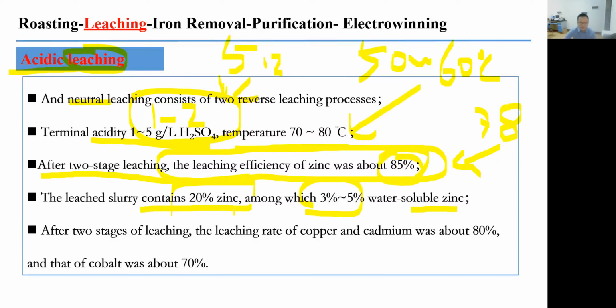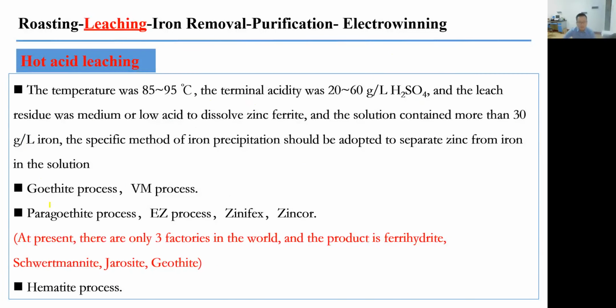But after this acid leaching, we can leach 80% of the copper, cadmium into the solution, and also the cobalt and the energy metal can be leached out. So after the acid leaching, hot acid leaching should be considered or has been developed.